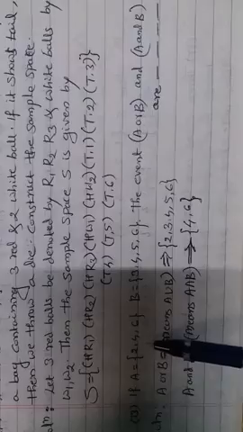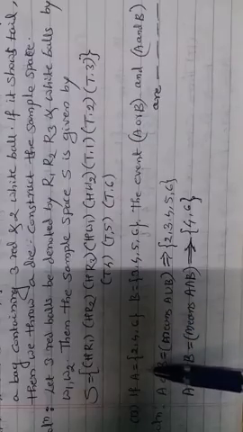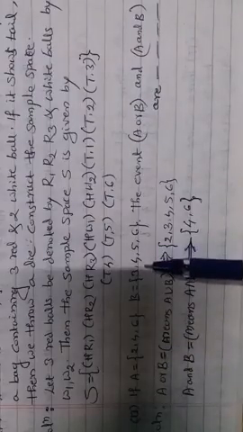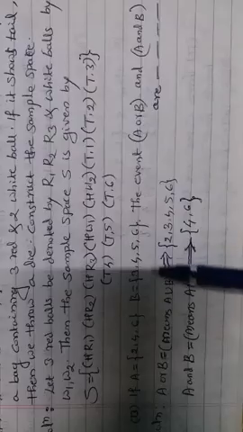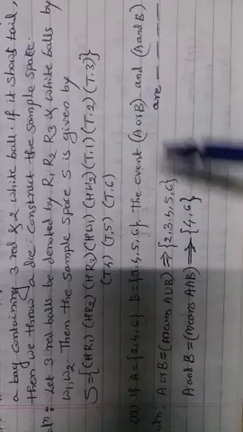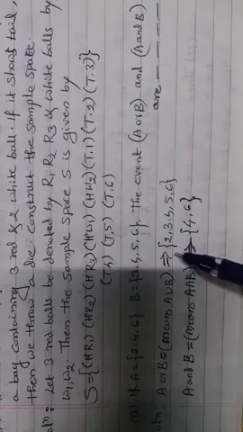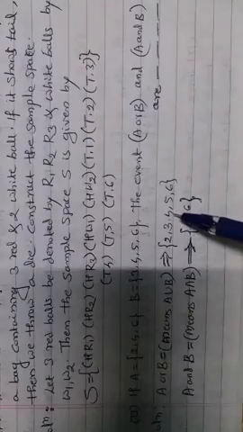A is a well-defined collection of numbers: 2, 4, 6. Hence, A is the set of even numbers. And B is the set of numbers 3, 4, 5, 6. So the event A or B means A union B. First we write 2, 4, 6.